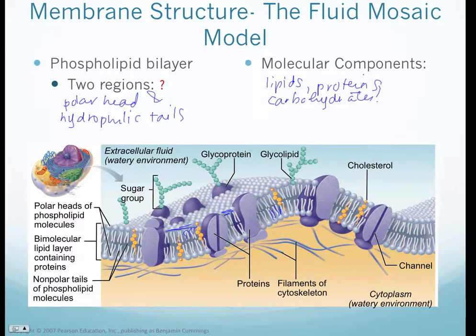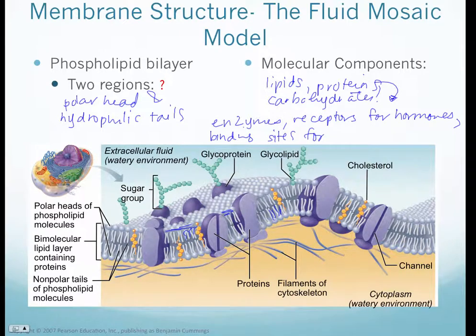And they function, specifically these proteins, they have different roles, such as enzymes, receptors for hormones, binding sites for anchoring cells to internal fibers.